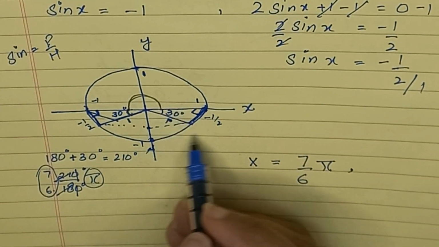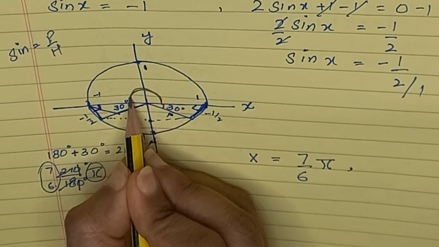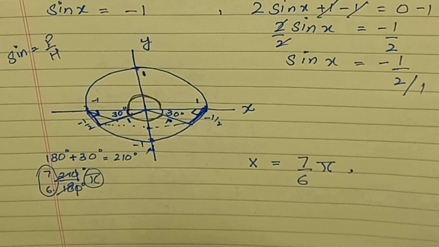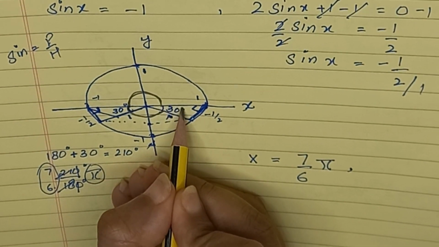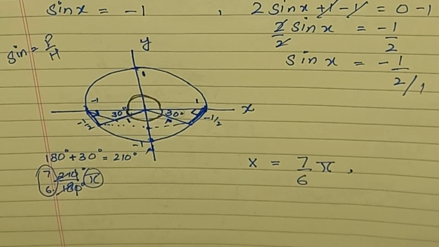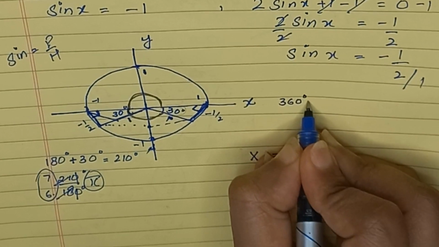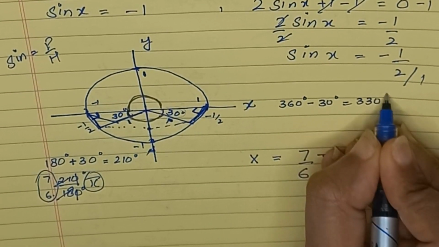And from here we have this circle till here, so the whole circle will be equal to 360 degrees, and from 360 we will subtract this 30 degrees, so it will become 360 degrees minus 30 degrees, which is equal to 330 degrees.